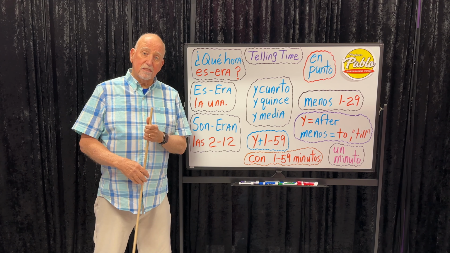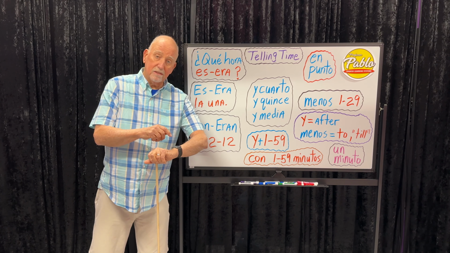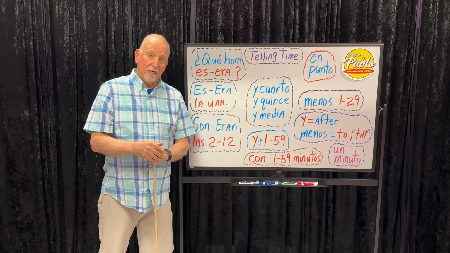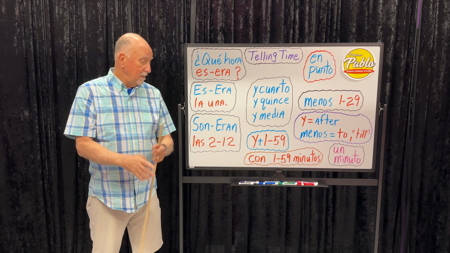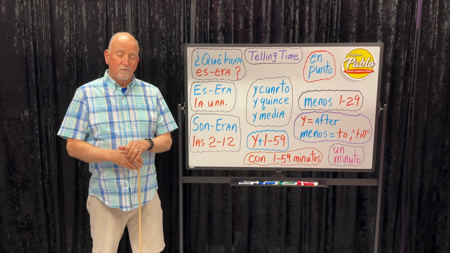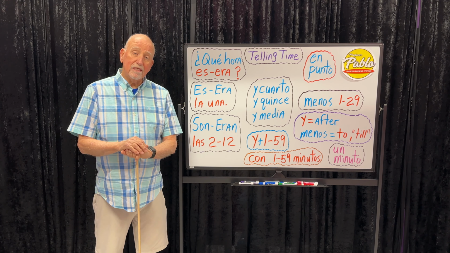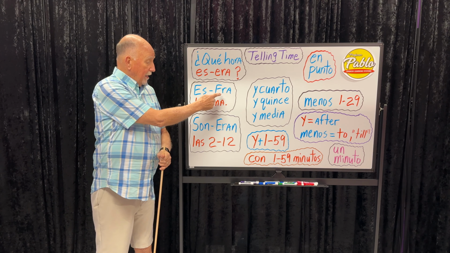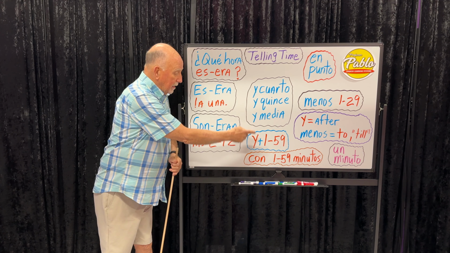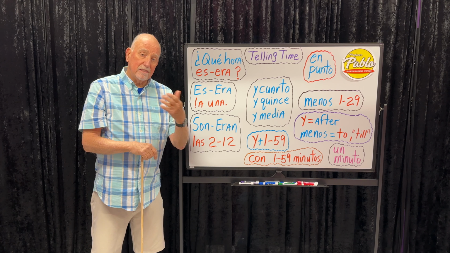If you want to say it is 7:59 exactly, you're looking at our digital readout, it's 7:59. You'd say, son las 7 y 59. If you want to say, for example, it was 1:27, era la una y 27.